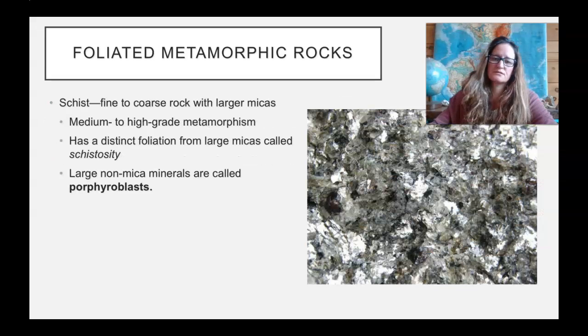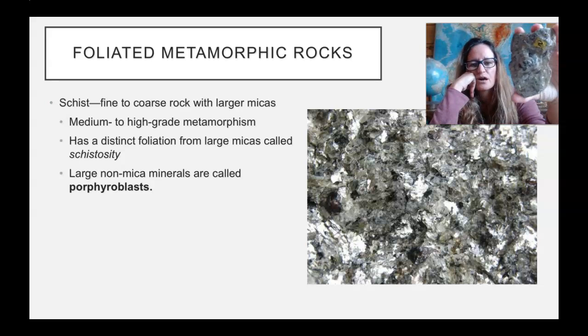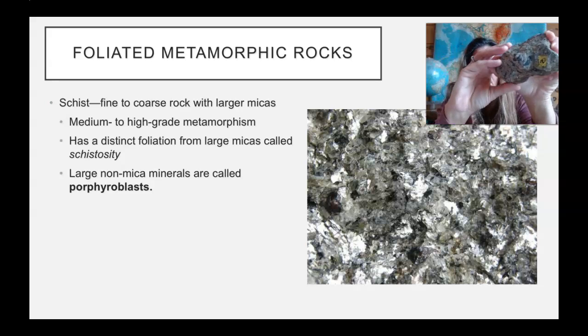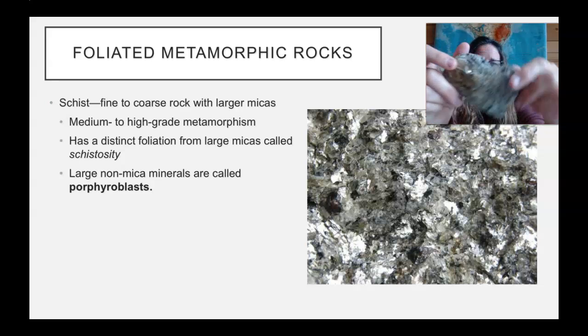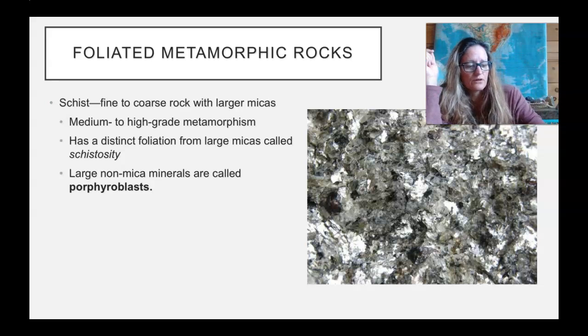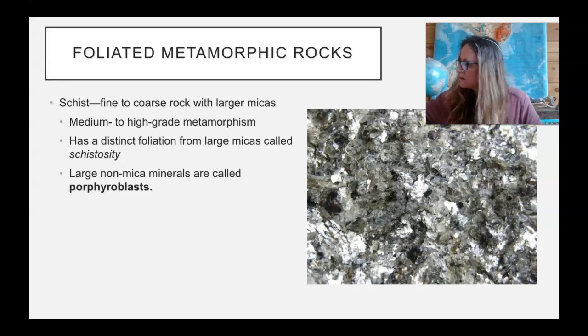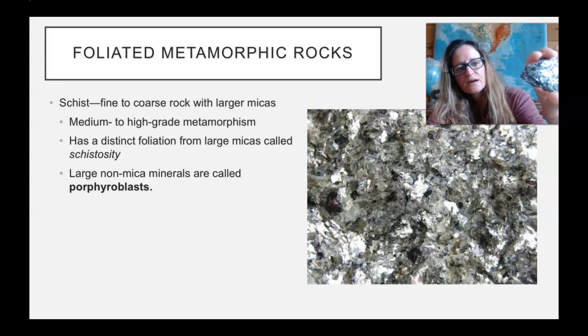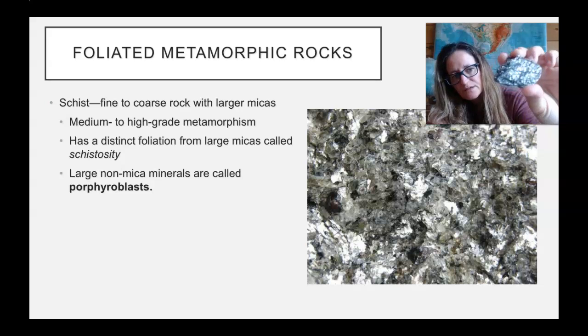A schist is a rock where we can see the crystals. So this would be fine to very coarse grain with really large micas. This one has really big muscovites in it, but the mineralogy can be different. So we can have a schist that is full of biotite crystals, so that would be a biotite schist.